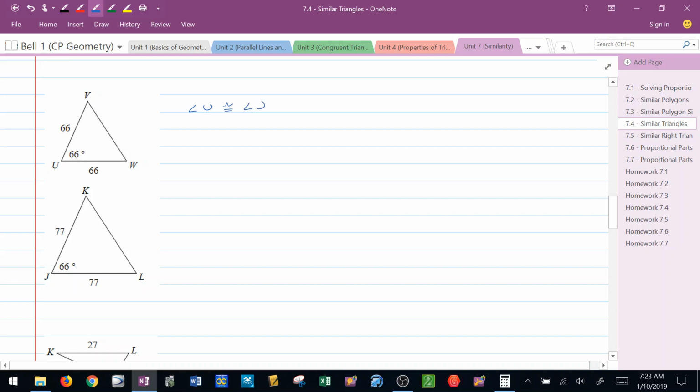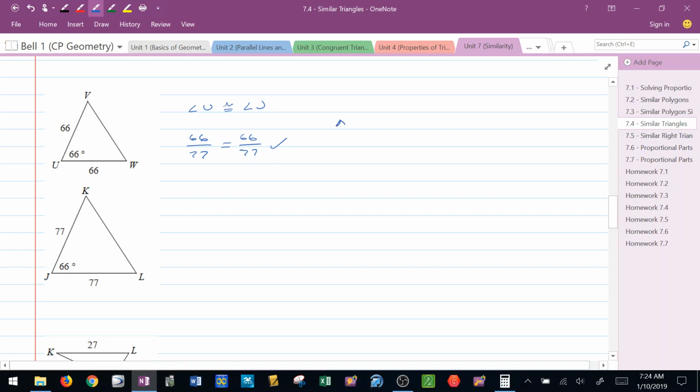Now, are the sides proportional? I don't know. I'm going to check. I'm going to go 66 over its corresponding side, 77, equals 66 over 77. Well, this one's pretty easy because if you look at them, the fractions are definitely going to be the same. All right, so we have a proportionality of sides that include the congruent angles.